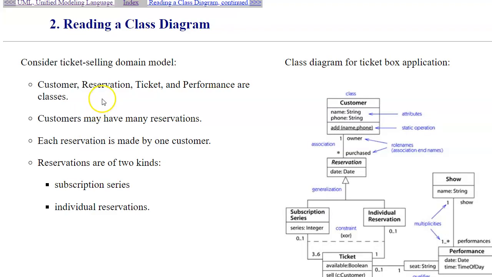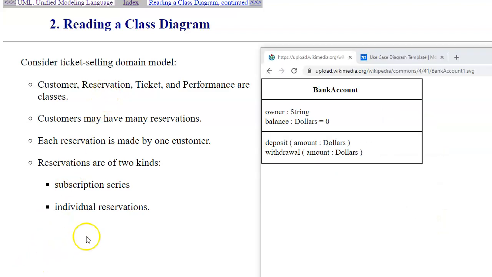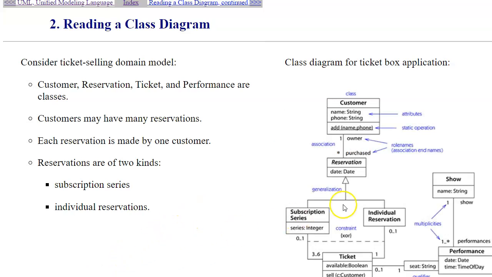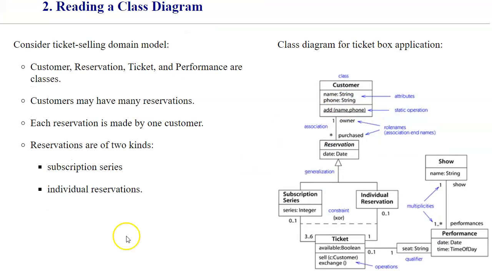The class diagram that I showed you earlier, which was taken from a Wikipedia article, demonstrates the use of a single class with its name, data attributes, and operations. Over here in this demonstration, we have a class diagram for a ticket box application that obviously includes multiple classes.